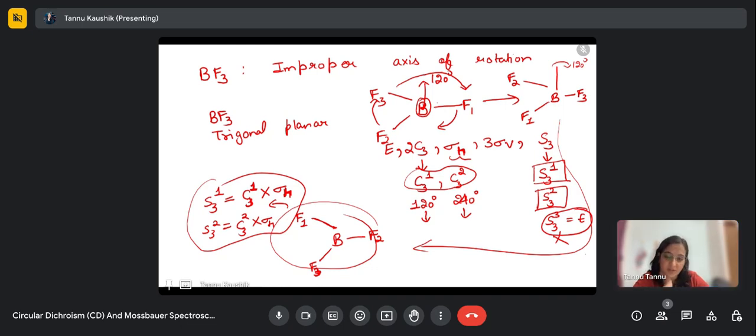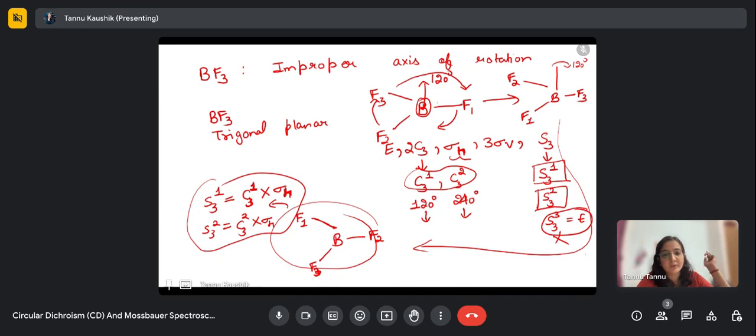Ma'am, when we do the horizontal plane, when we pass for the S31 axis, we will get the improper axis of rotation. Yes. But for S32, if we write it, we will get C32 cross sigma h square.